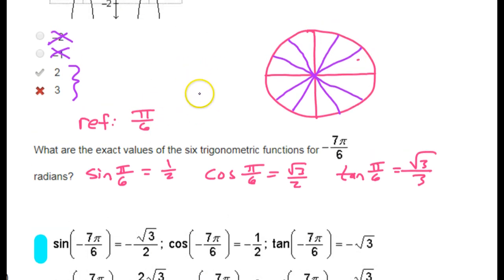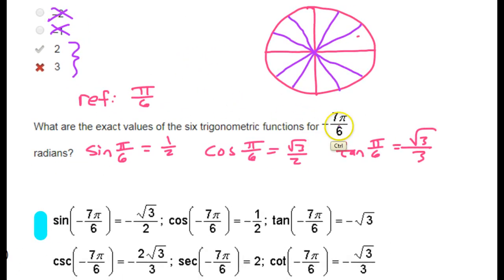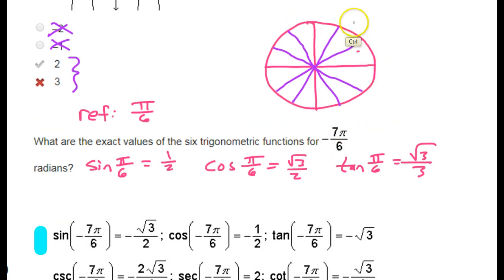Okay, so I need to go to negative 7 pi over 6. Now, if I count around in this direction, this is the positive direction. If I count in this direction, this is the negative direction. Because I am doing negative 7 pi over 6, I'm going to start here at 0, but count this way.